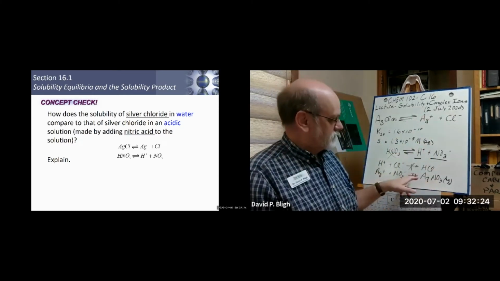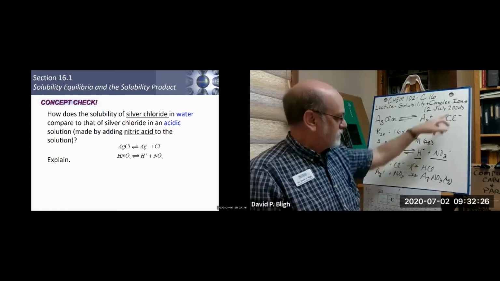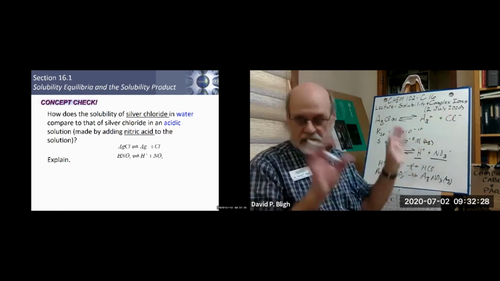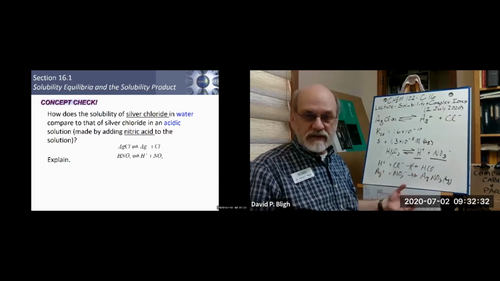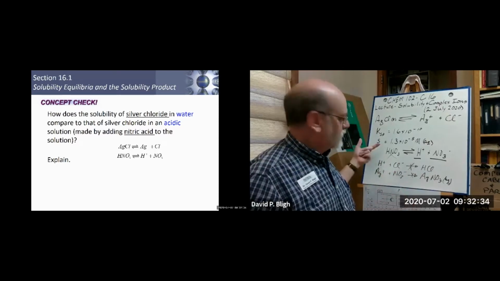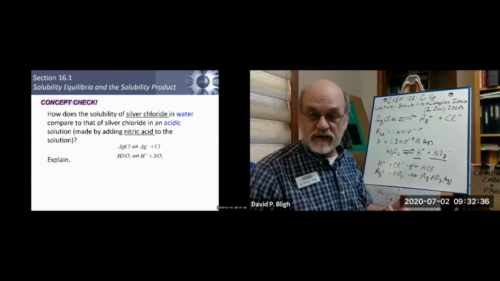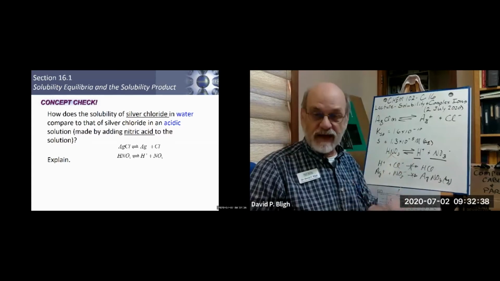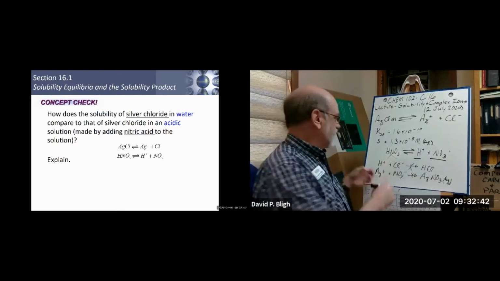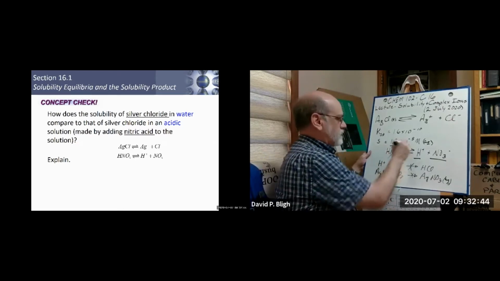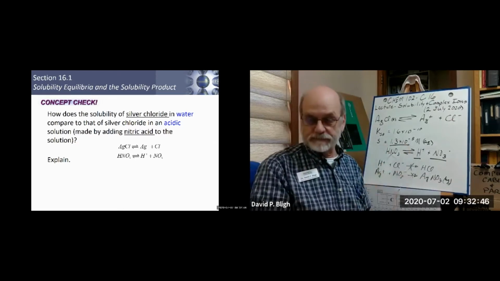Right? Cation, anion has no effect. Right? So the solubility of silver chloride in this acidic solution that's made by adding nitric acid, the solubility is the same in both solutions.